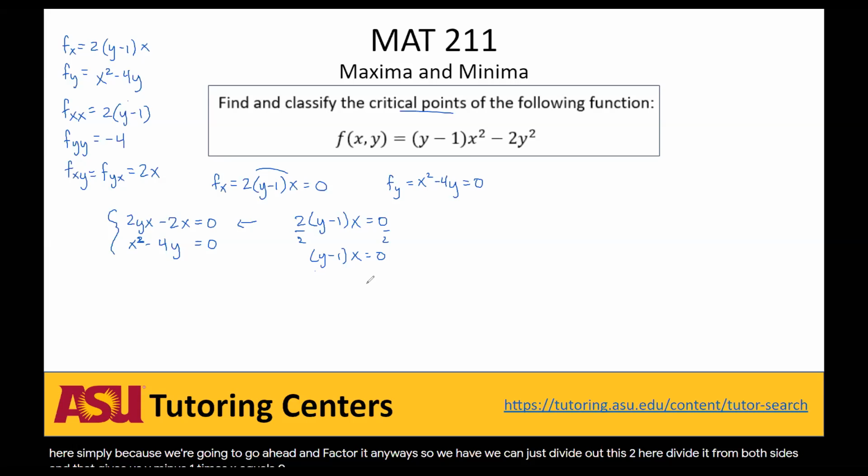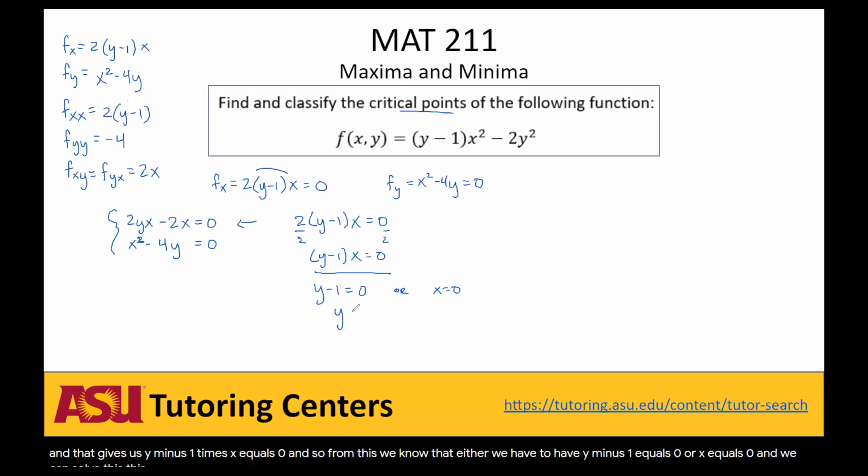And so from this, we know that either we have to have y minus 1 equals 0 or x equals 0. And we can solve this. This is just y equals 1. So we have y equals 1 or x equals 0.